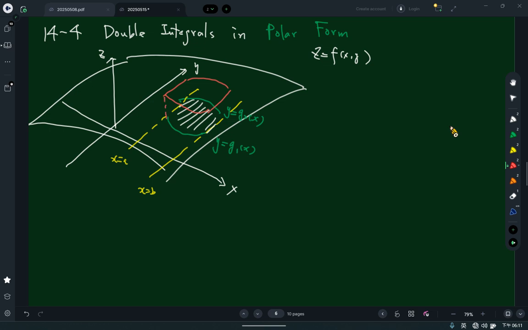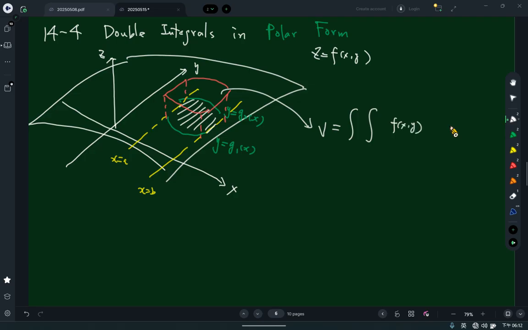Then you are trying to get the volume. The volume can be calculated by V equals the double integral of f of x, y.